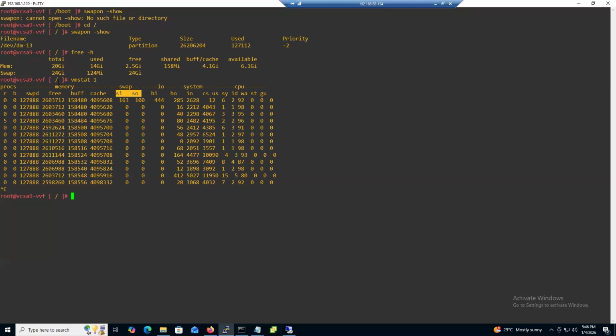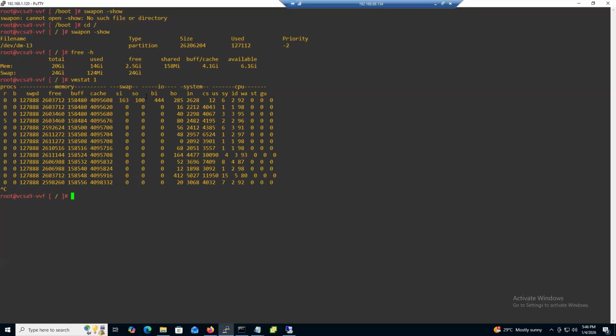So here, when I execute this command, initially there is some swap usage which started, like swap out, given back to the memory itself, which states that the swap usage is very low here.